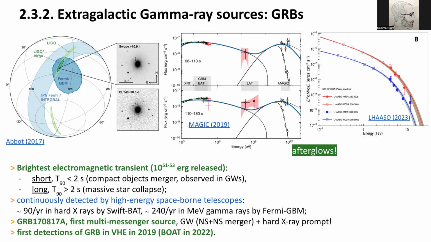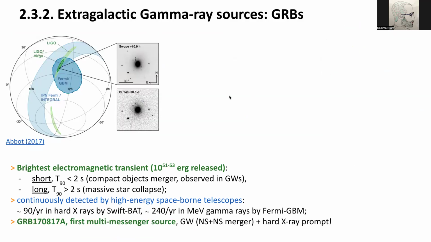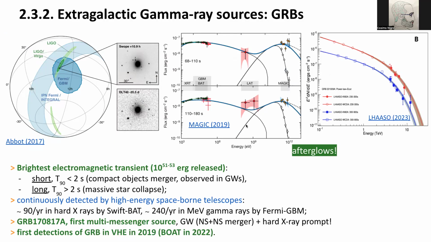So even though, as you can see, the flux is steeply declining in gamma rays, we now have the sensitivities and also the observational programs apt to detect this type of source. And we had detections at very high energies both by Cherenkov telescopes and by a particle sampler that recently detected the brightest GRB of all time. And I think that's it.